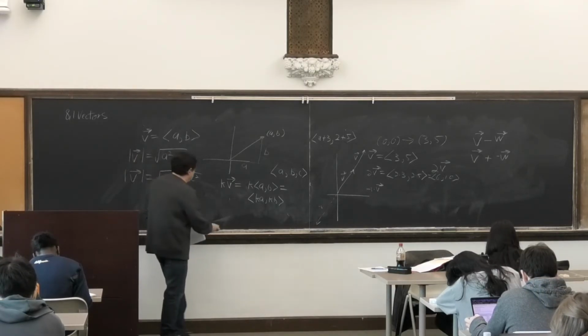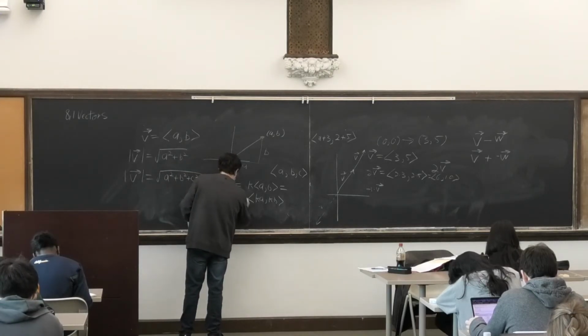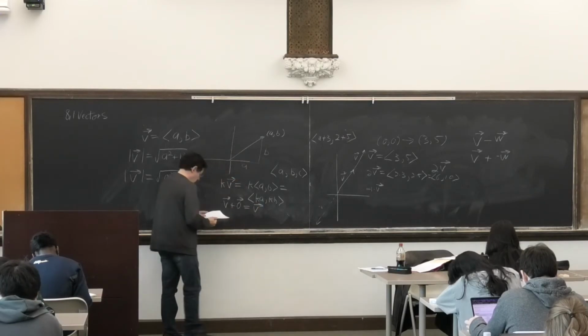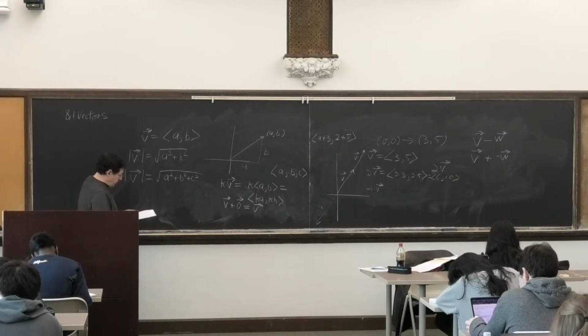We mentioned you add a vector to the zero vector to get the vector back. Talked about subtracting vectors.